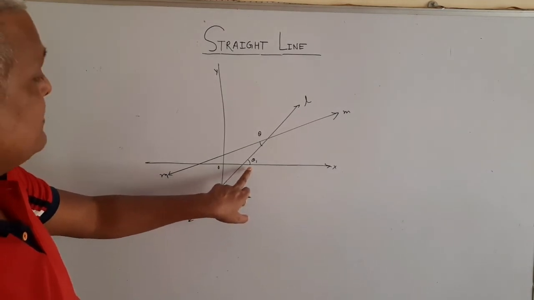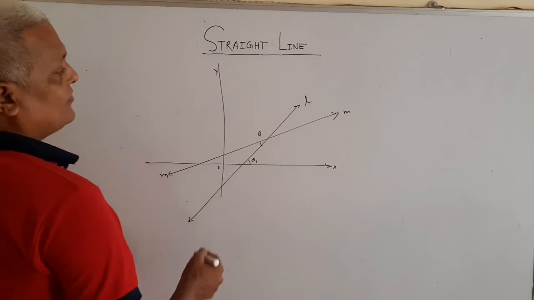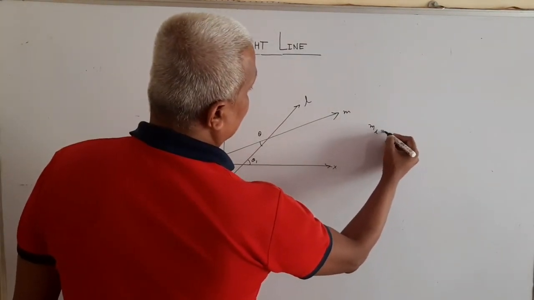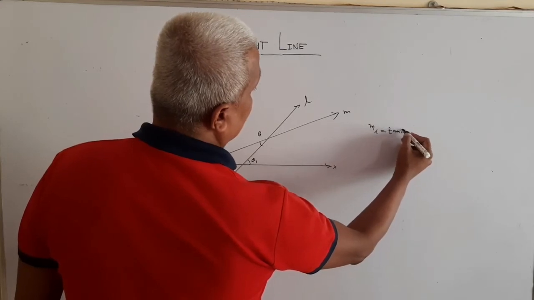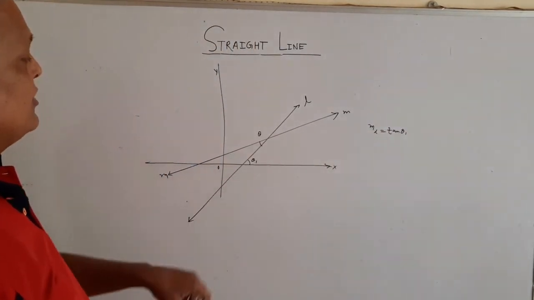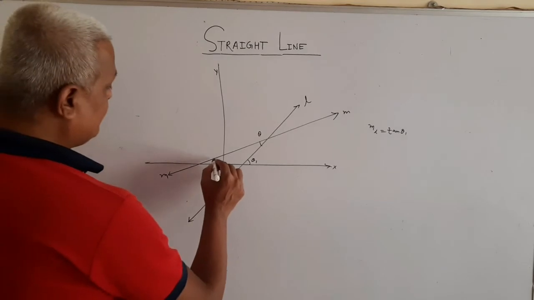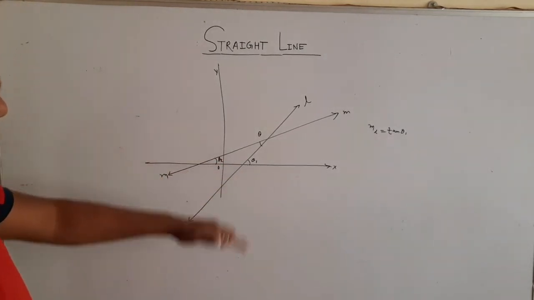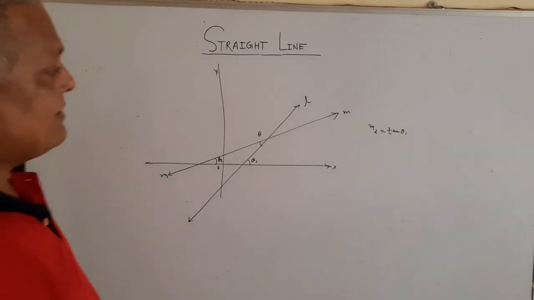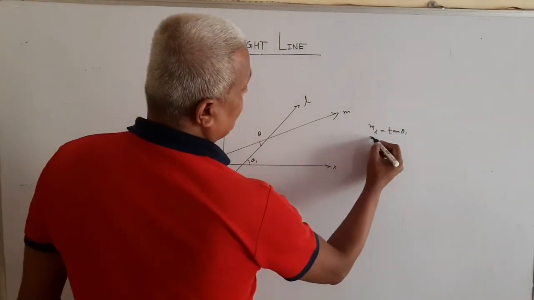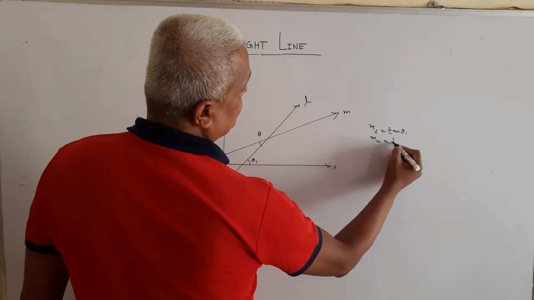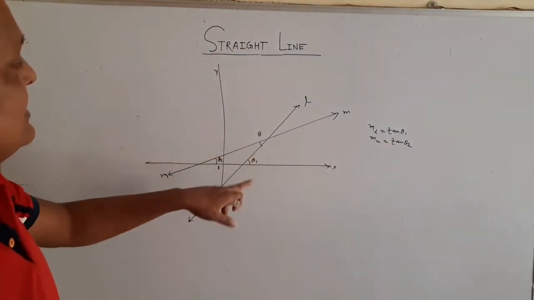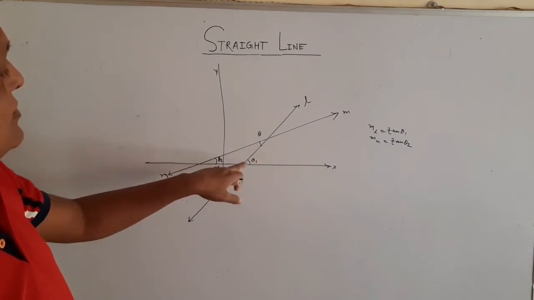It means that the slope of the line L will be tan of that angle, tan theta 1. Similarly, if the line M is making angle theta 2 with the positive direction of x-axis, then the slope of line M is tan theta 2. Now we have to find the relationship between theta, theta 2 and theta 1.